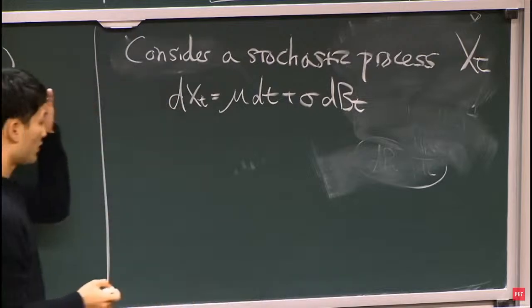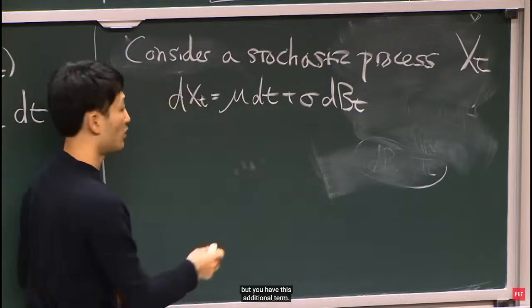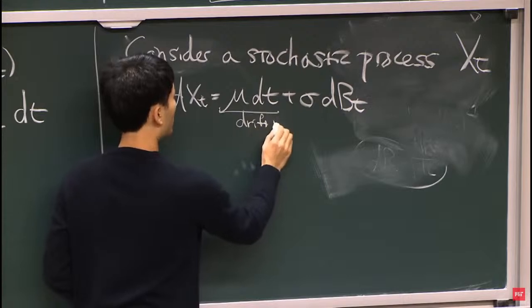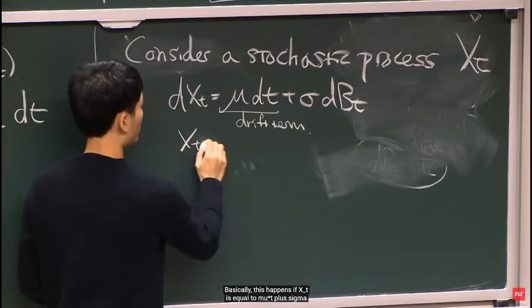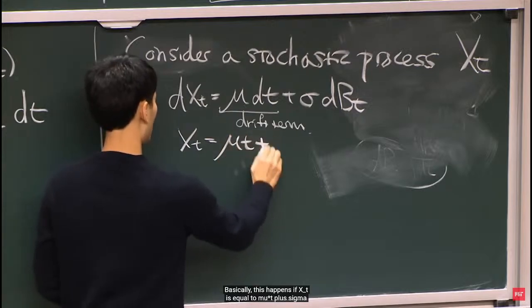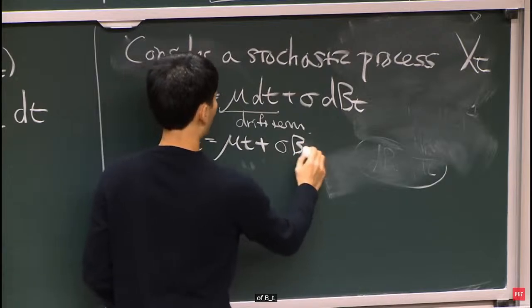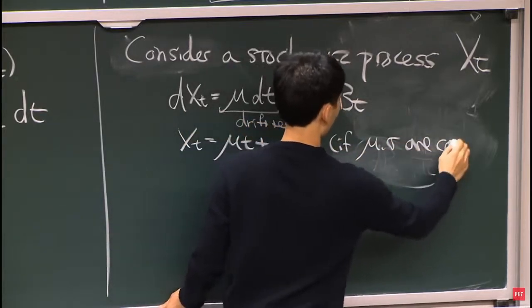Okay. So this is almost like a Brownian motion, but you have this additional term. This is called the drift term. And basically this happens if Xt is equal to mu t plus sigma Bt, if mu and sigma are constants.